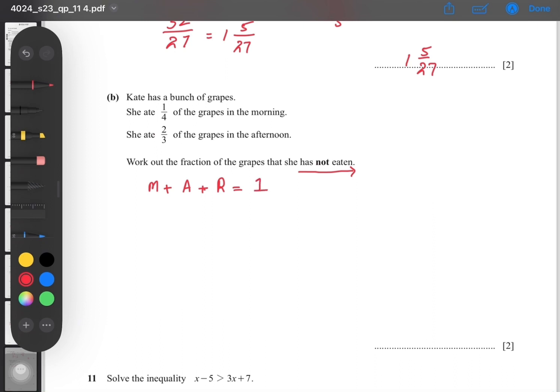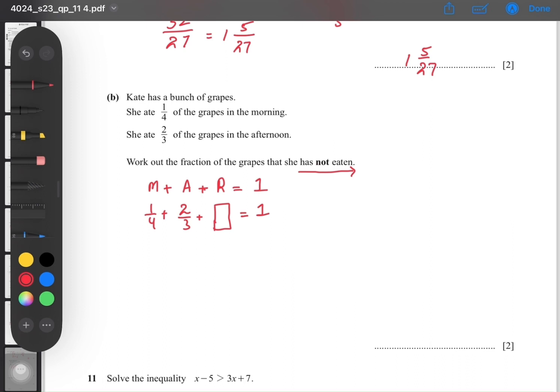So the fraction of morning is 1/4, fraction of afternoon is 2/3, and the remaining we need to calculate, and this is equal to 1 because the total of the fractions is always 1. I'm going to add the fractions, that is 1 over 4 and 2 over 3.